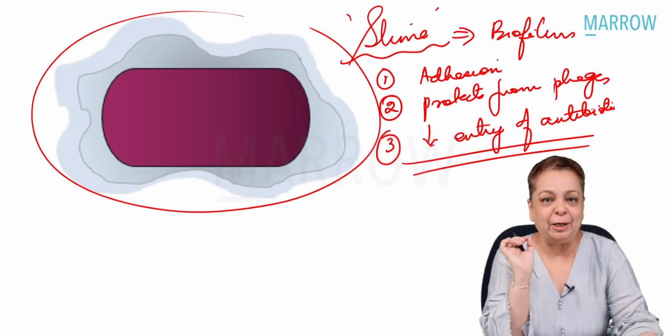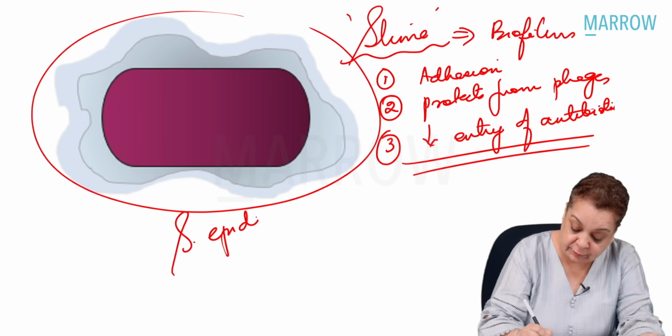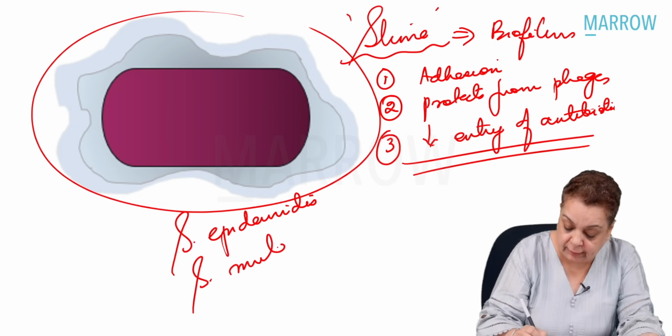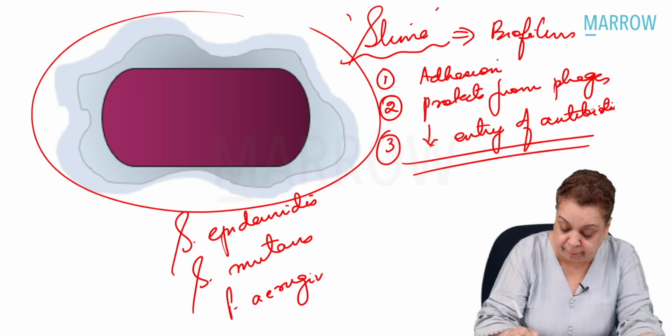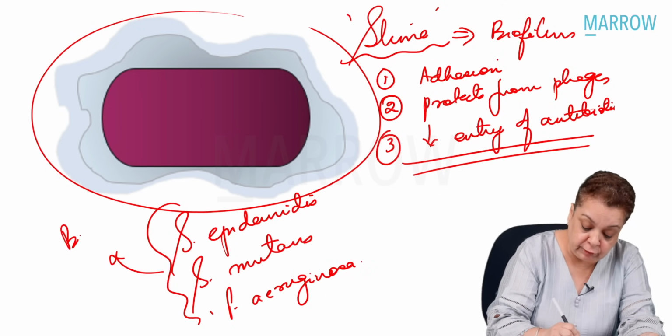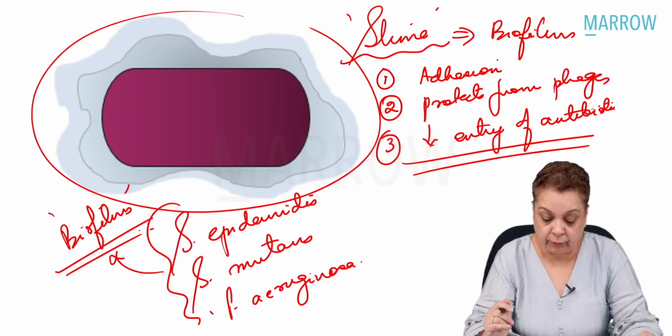And if you've read my notes, I've talked about Staph epidermidis that was mentioned in this question, Streptococcus mutans, and Pseudomonas aeruginosa. These are three bacteria which are notorious for forming biofilms.